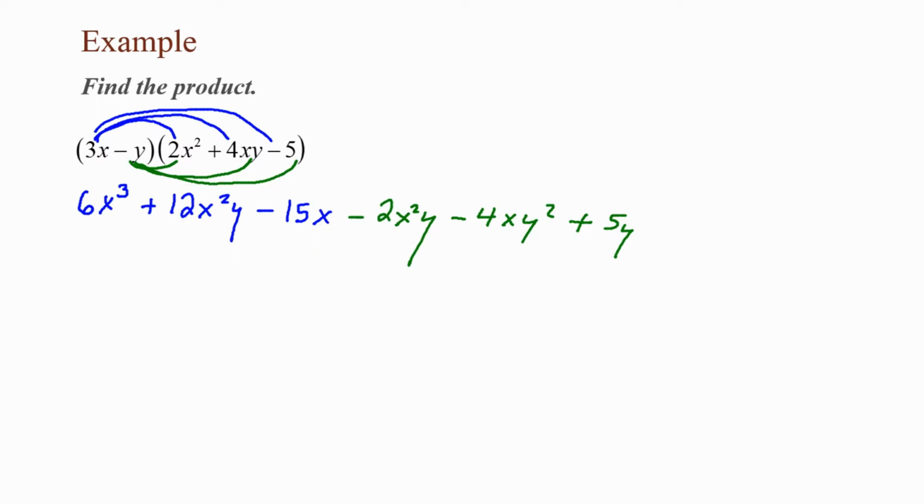Adding like terms, our final answer is 6x to the third plus 10x squared y minus 15x minus 4x y squared plus 5y. Our only like terms were 12x squared y minus 2x squared y.